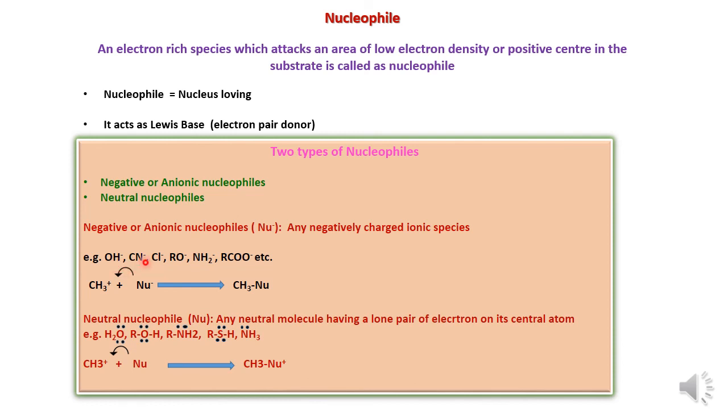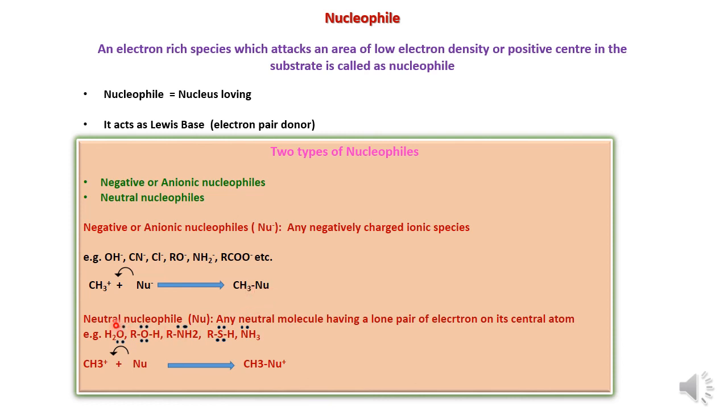So OH minus, CN minus, Cl minus, RO minus, NH2 minus, RCOO minus, etc. These are the examples. Now you can see here, this arrow indicates the electrons are transferred from the nucleophile to the CH3 plus. In this way they form the bond here, CH3-Nu. The bond is formed between CH3 and Nu.